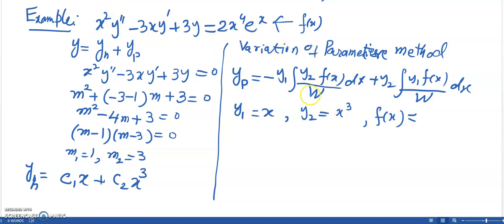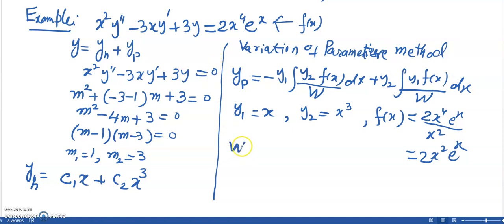Therefore, we need to divide by x squared. Then f of x will be 2x to the power 4 e to the power x divided by x squared, so it will be 2x squared e to the power x. In this way the coefficient of the y double prime term will be 1, and now we can apply the variation of parameters method.